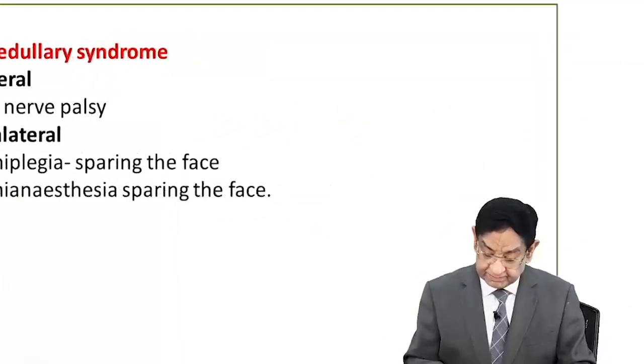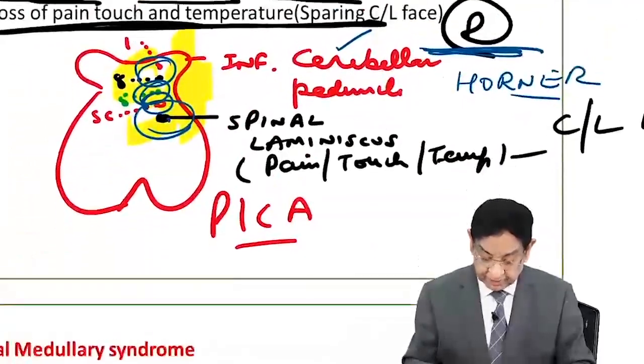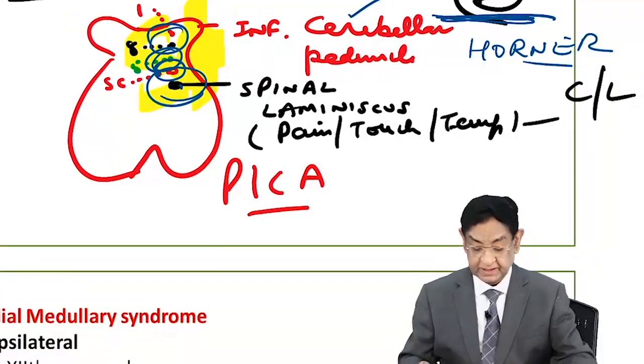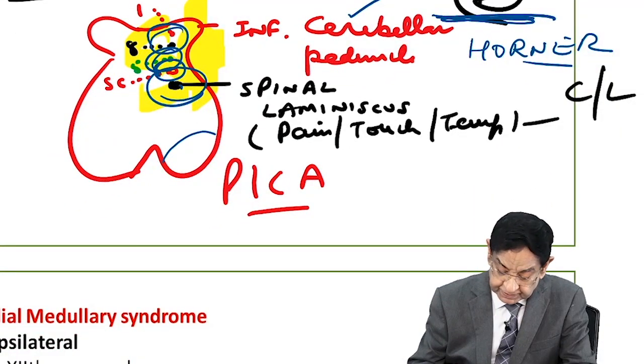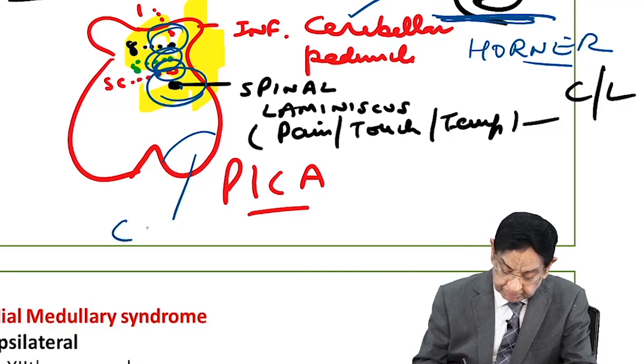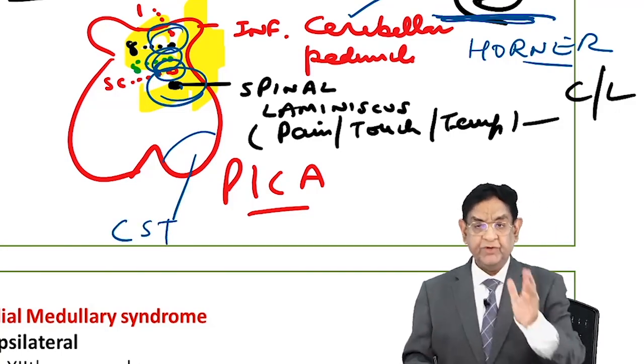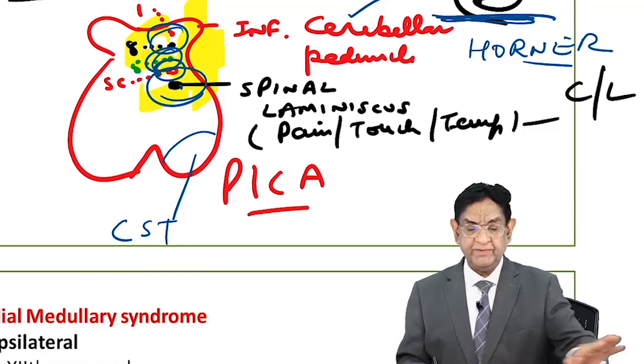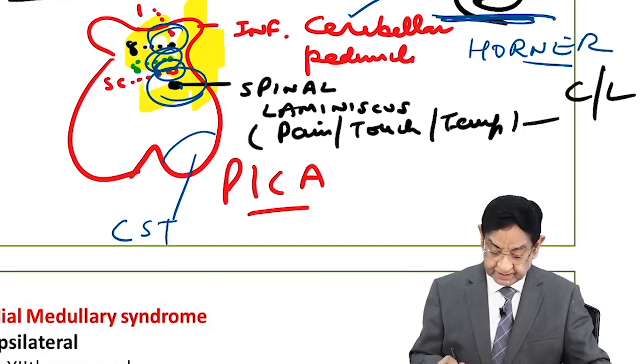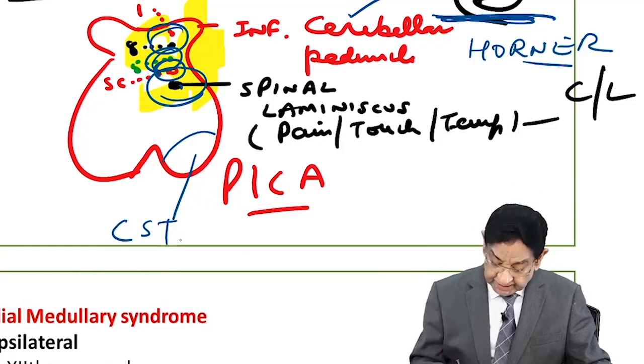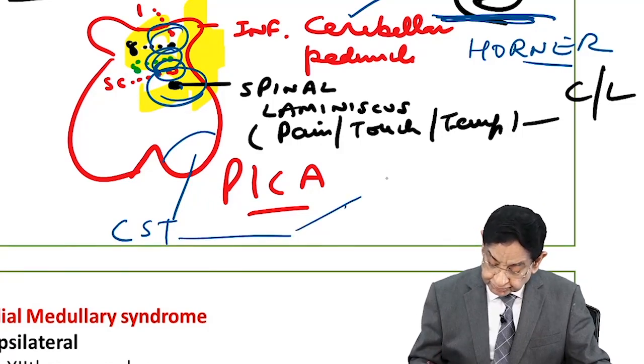Now let me talk about a little bit of extra points. Here is the corticospinal tract. We all know very well they will go down and they will cross to the other side.